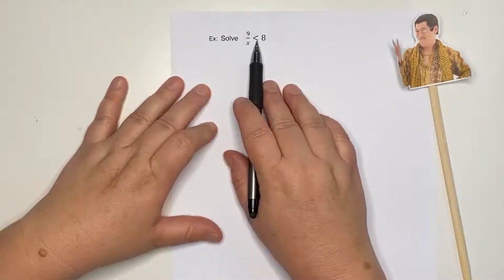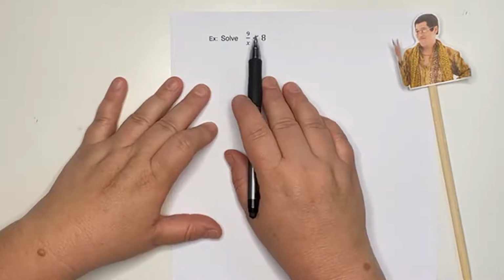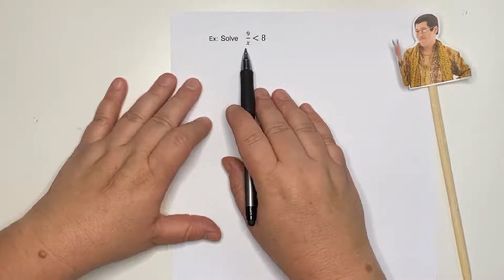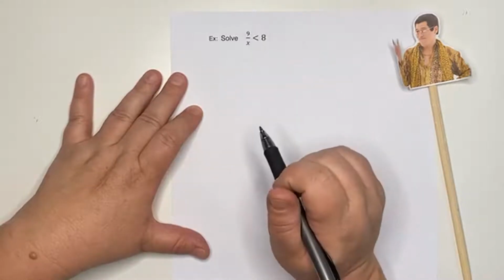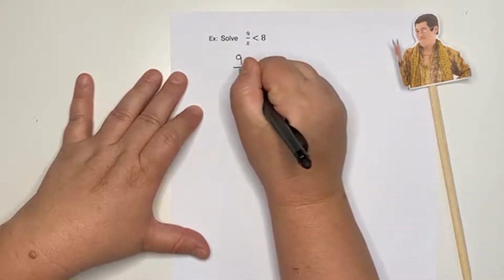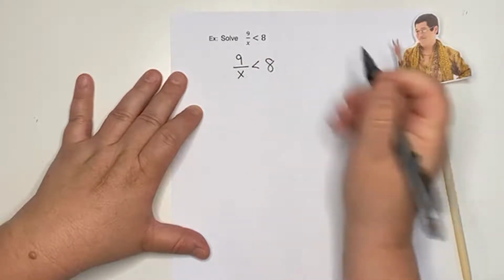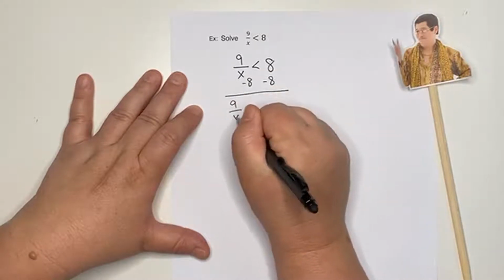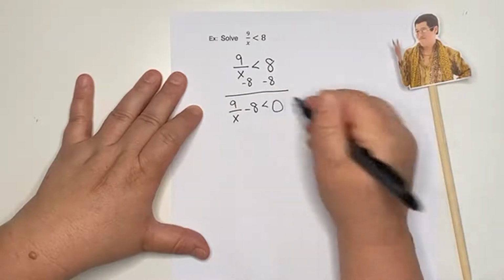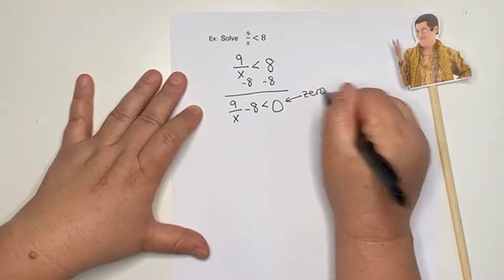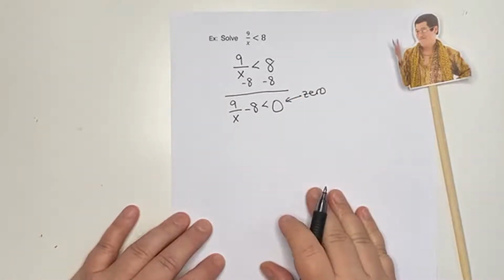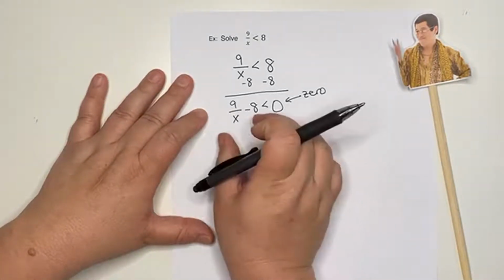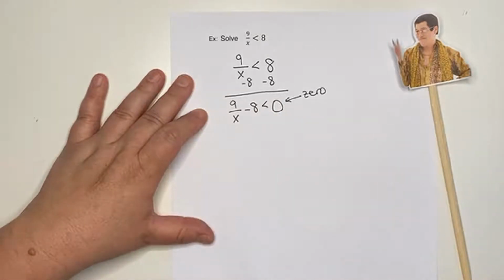So we've got an inequality, but this is not a quadratic. This is a rational expression. So we are going to do exactly the same thing we did before. We've got 9 over x is less than 8, and I'm going to subtract 8 from both sides so that we get a 0 over here. Then I'm going to combine these two into a single expression.